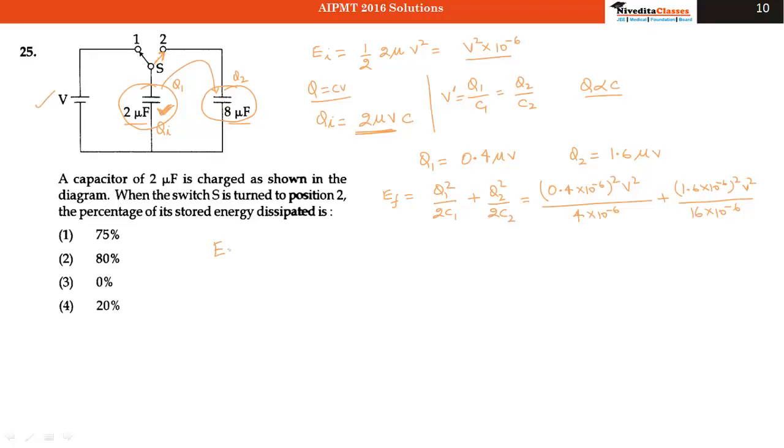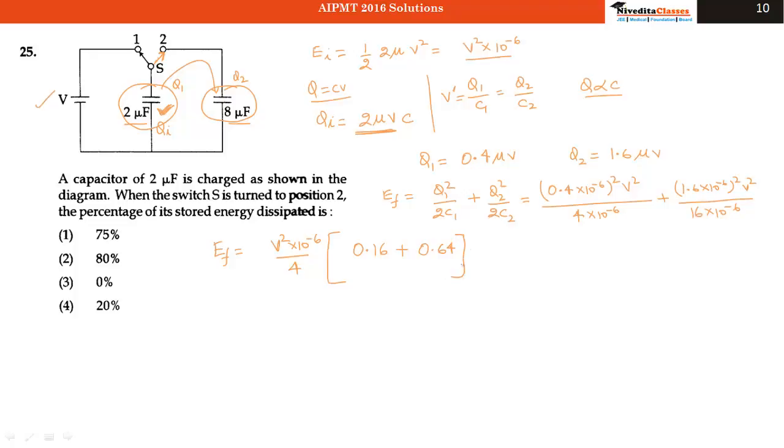So if I solve for EF, V square is common, and 10 raised to power minus 6 is common. And I can also see that division by 4 is common. What we are left with is 0.16 plus, since we have taken 1 by 4 out, 0.64.